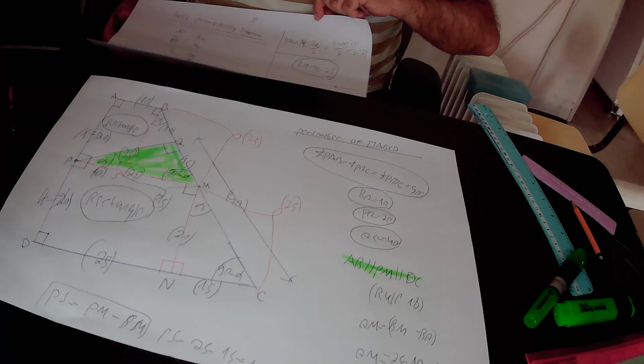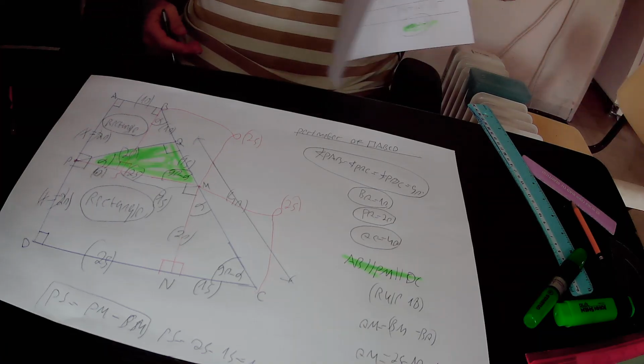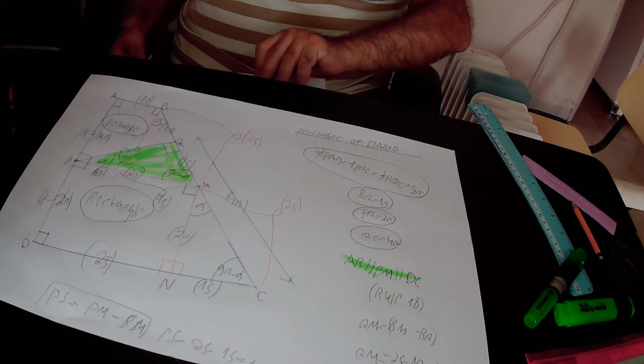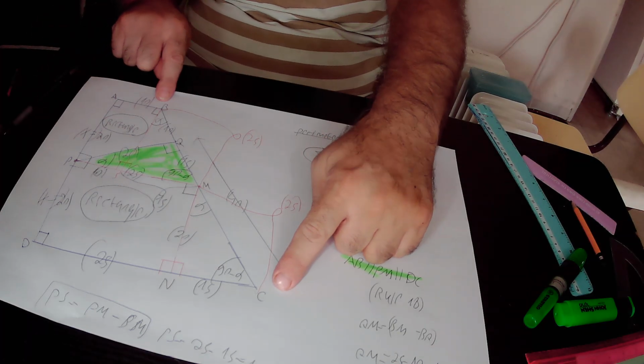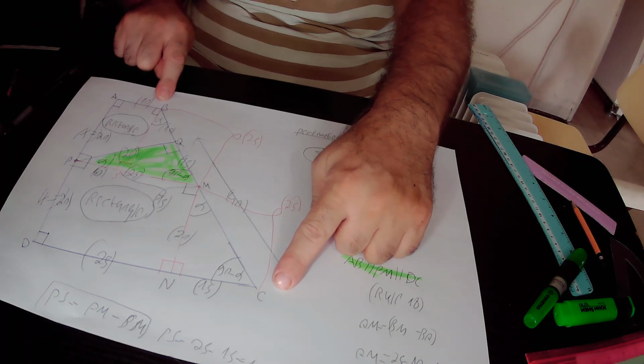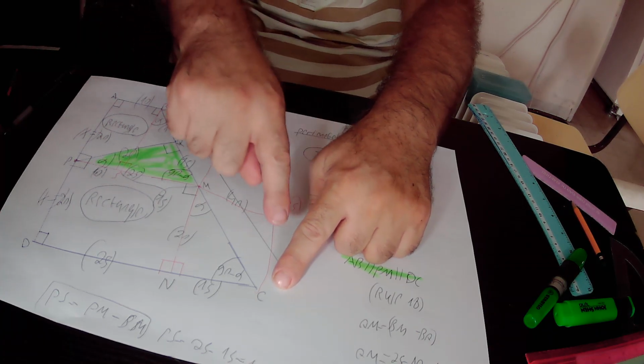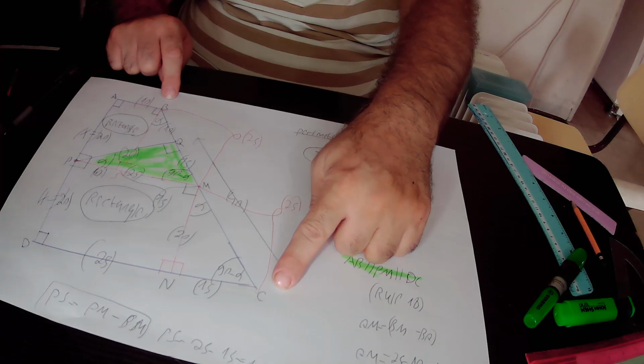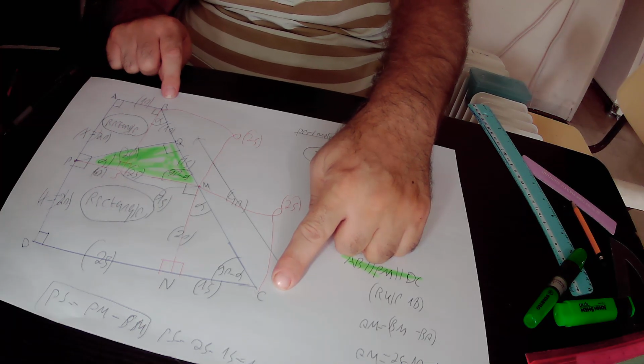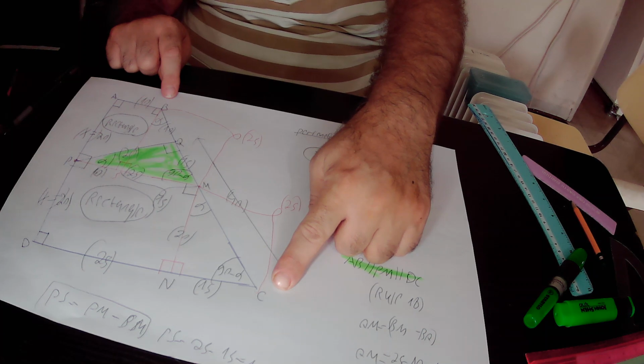But what is the length of BC in total? Side BC in total equals BM plus MC. That is to say, it equals BQ plus QC. BQ is 10, QC is 40 according to what is given in the question. So BQ plus QC equals 10 plus 40, that is 50.